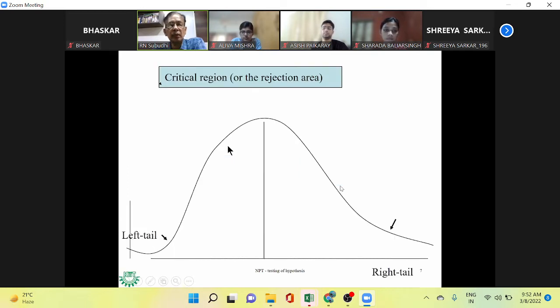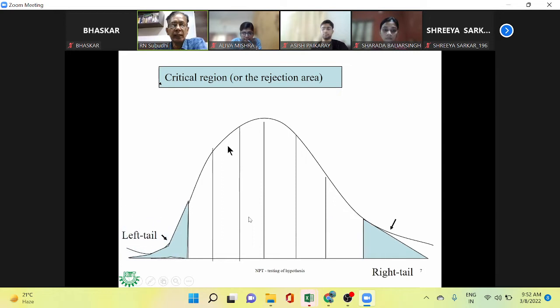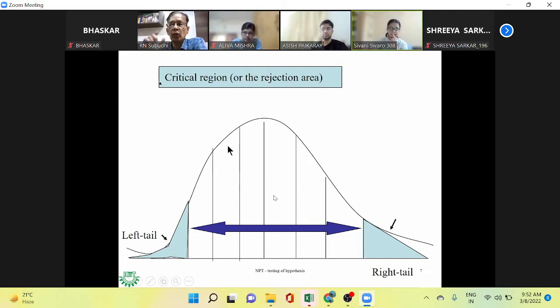Then, if you remember, what we had in the numerator was the difference. If it is within this white area, what will be our decision, Shivani? We will accept, as the value is within the tolerable limit. This is the upper limit of our tolerance.